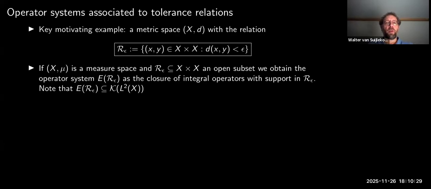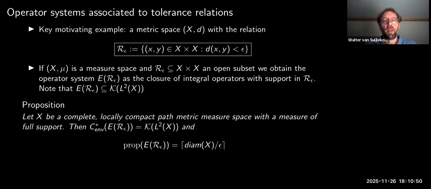Then you can look at this operator system, which I call E of R epsilon. This is realized as the closure of the integral operators with support in this R epsilon, and it all sits inside the compact operators, which is the groupoid C-star algebra for the pair groupoid X cross X. Then you find that, first of all, you need some assumptions on the compatibility between the metric and the measure.